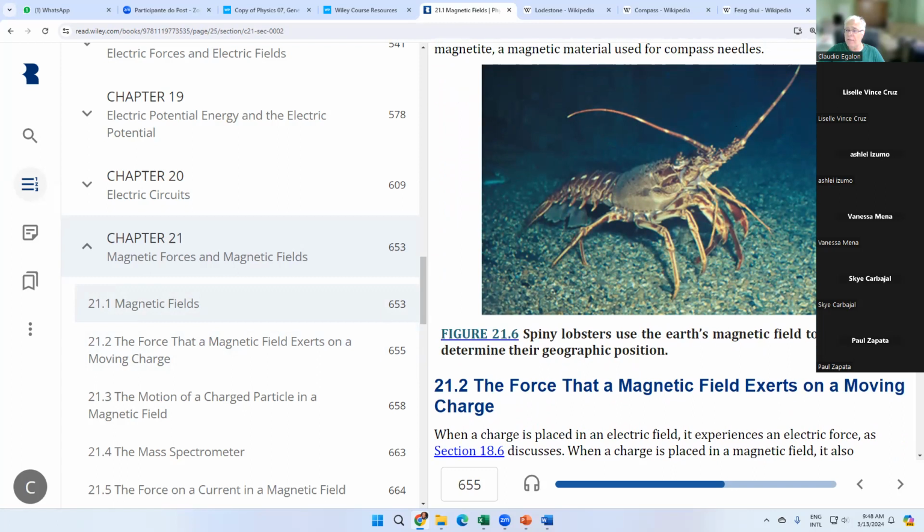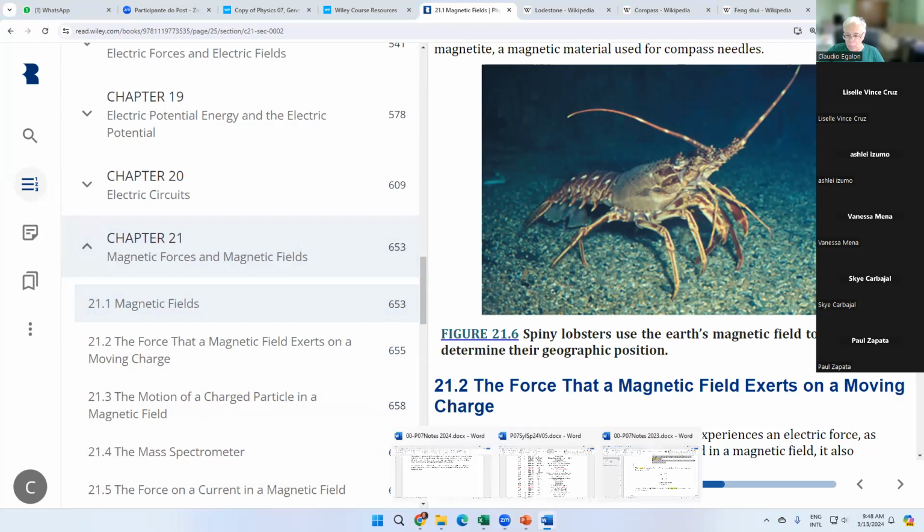Lobsters use Earth's magnetic field to navigate and determine their geographic position. It's not just the lobsters, but also some bacteria called magnetotactic bacteria that orient themselves according to the magnetic field. Okay, so that's just the introduction of magnetic fields.